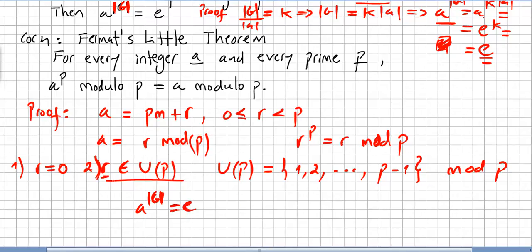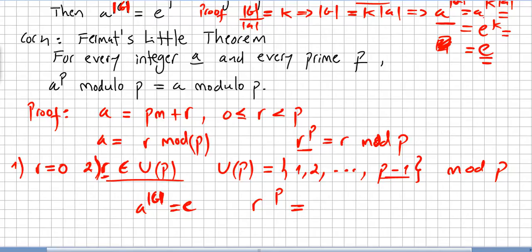So r to the power of the order of the group, the order will be here p minus 1, the units modulo p.